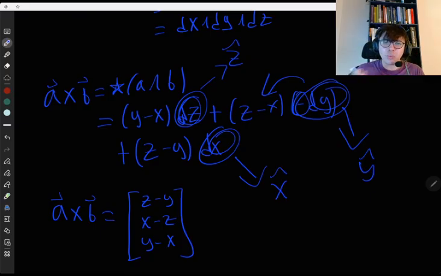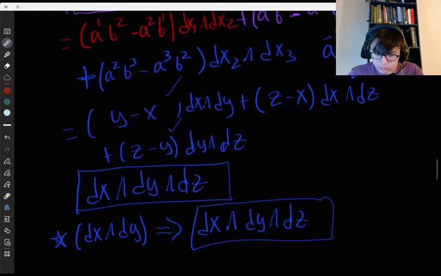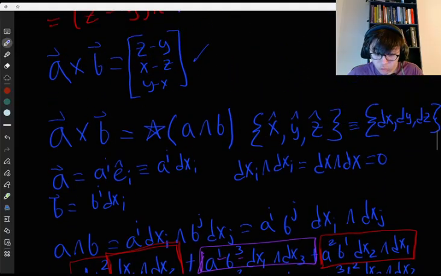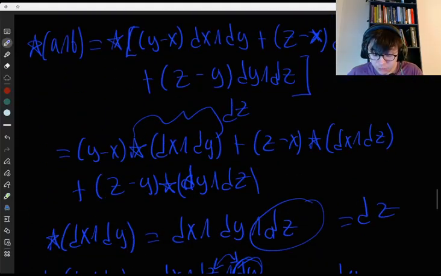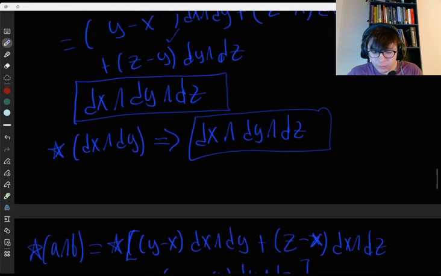And so, did we do it correctly? Let's go above and see. Z minus y should be the first one. Cool. X minus z should be the second one. Cool. And y minus x should be the third one.